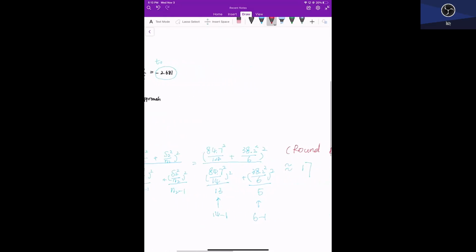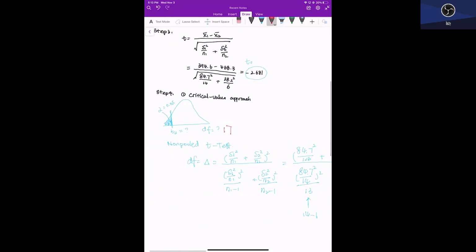With 17 degrees of freedom and 0.05 on the far left. When we're using the t-table, you would have the area on the right side instead of the left. So it's the same thing: degrees of freedom equal to 17, with the area 0.05 on the right side, and we find the t-score.